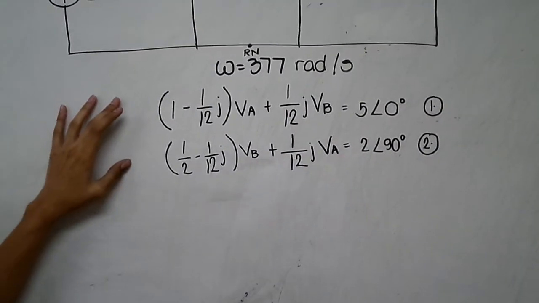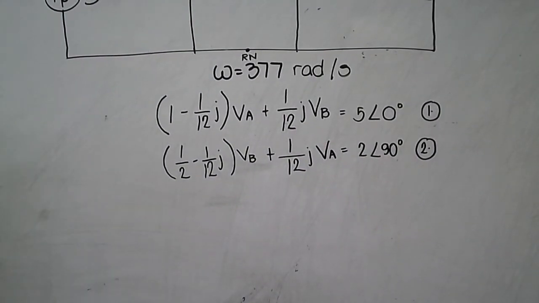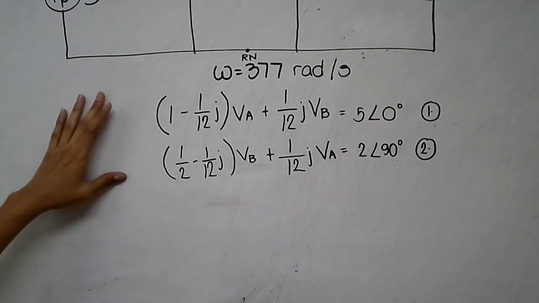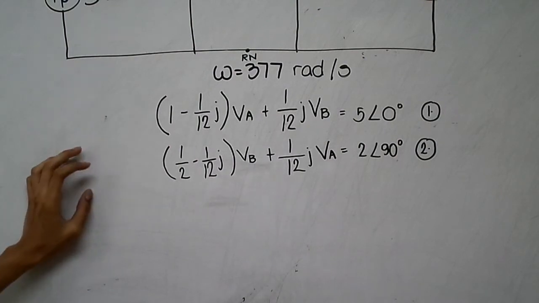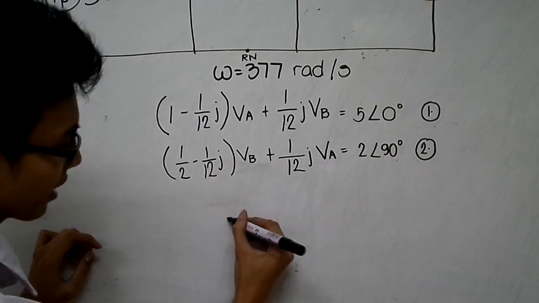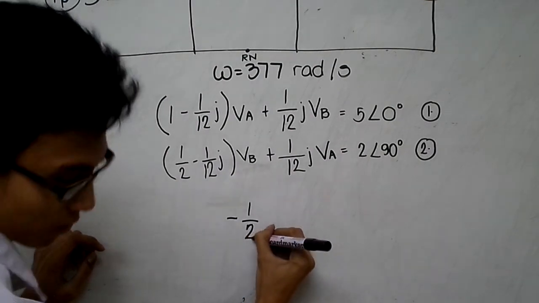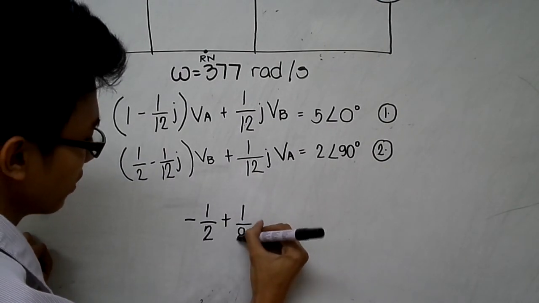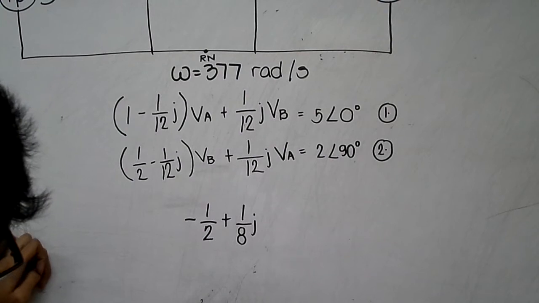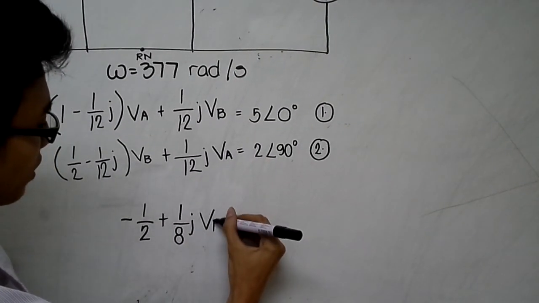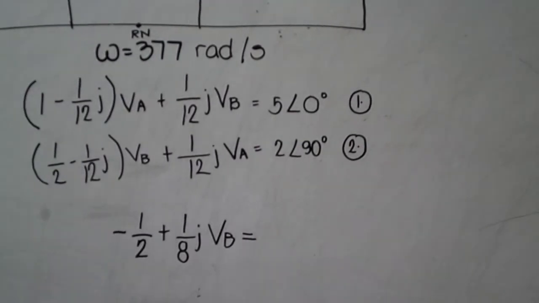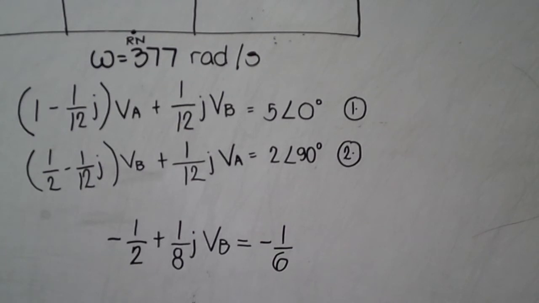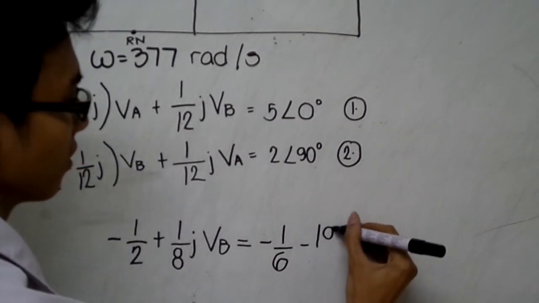Now that we got the two equations from our circuit, we can solve these two equations simultaneously. By equating these two equations, we'll get negative 1/2 plus 1 all over 8j VB is equal to negative 1 all over 6 minus 19 all over 12j.